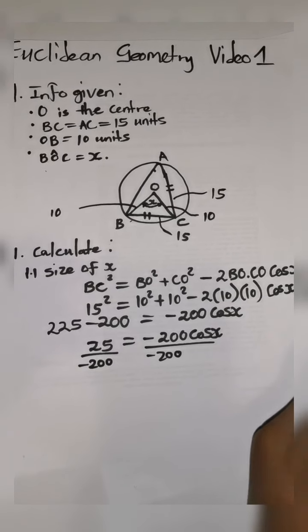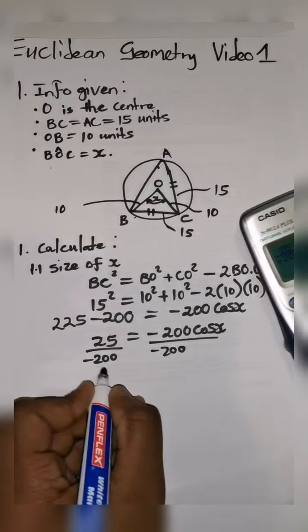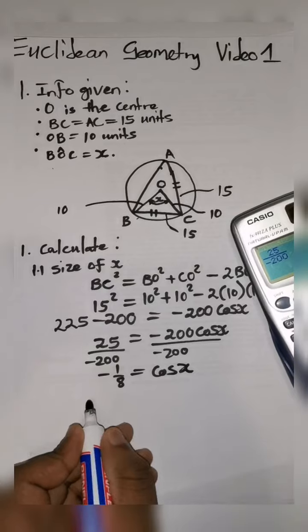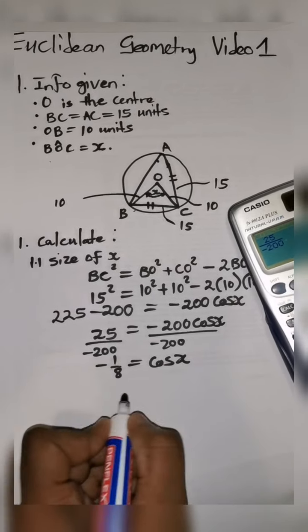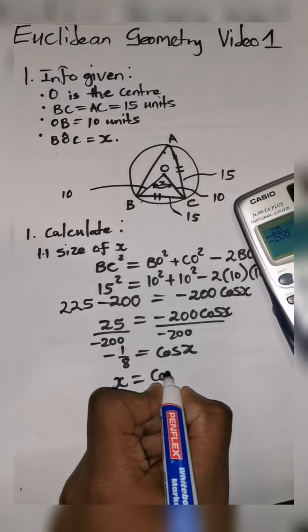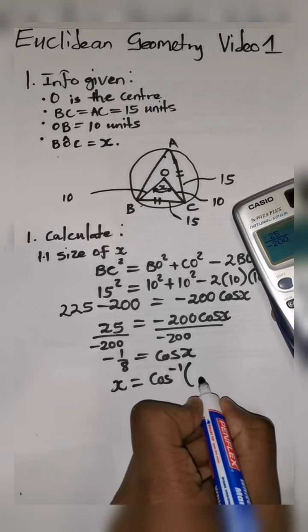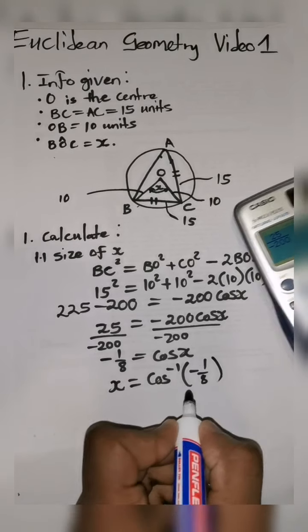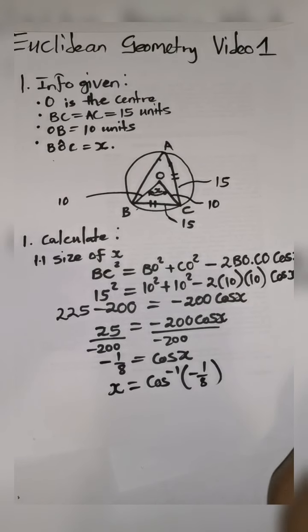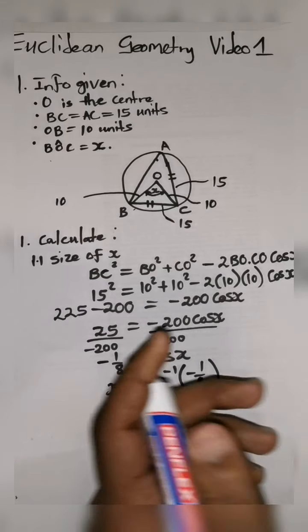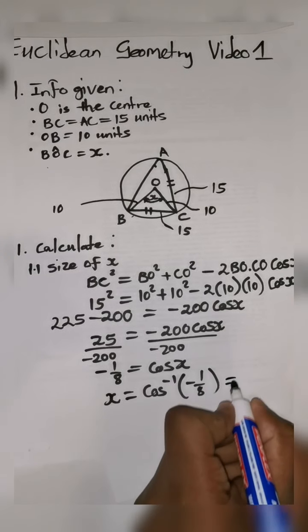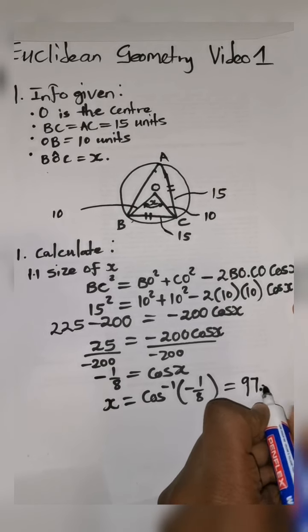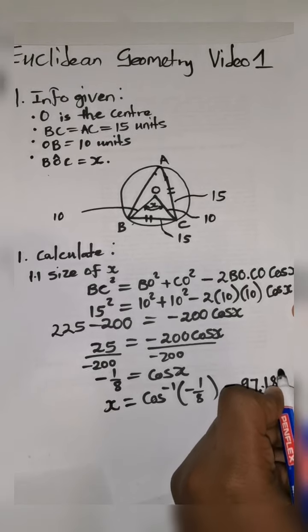Let me put that in a calculator. When you put this in your calculator, it will give you 97.18 degrees.